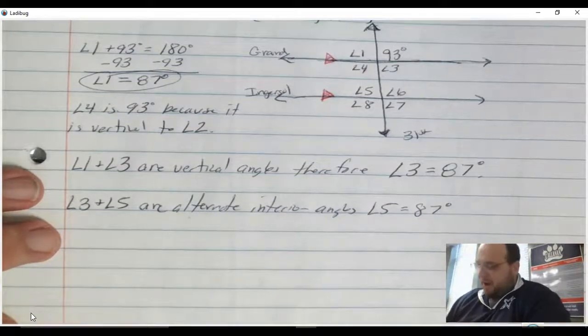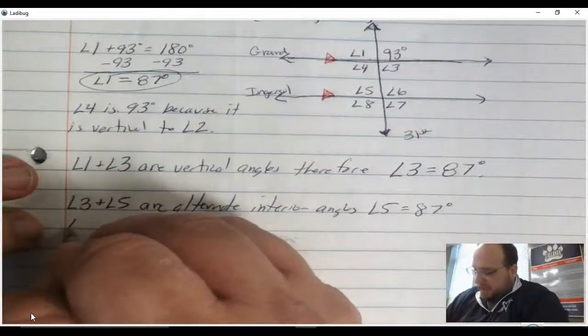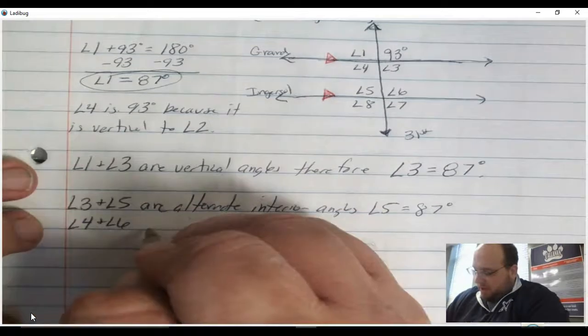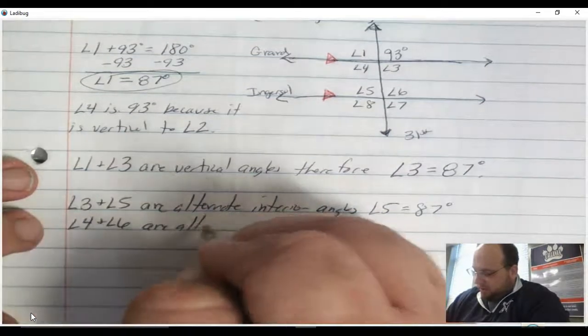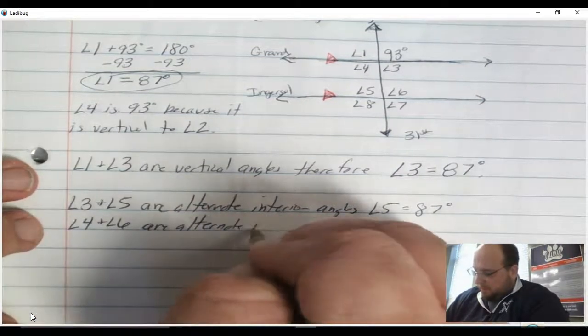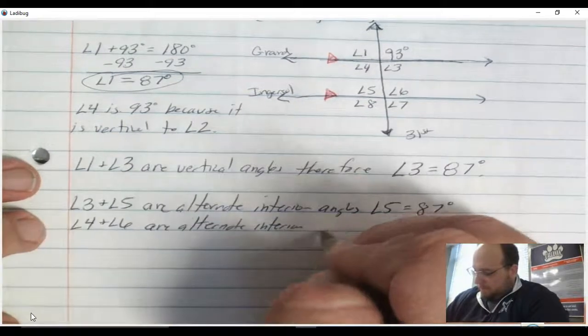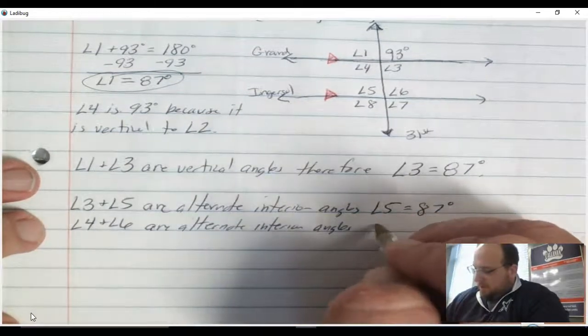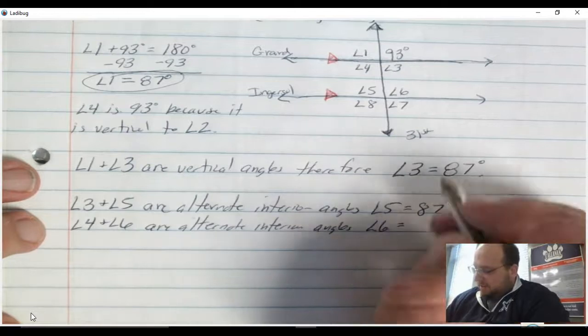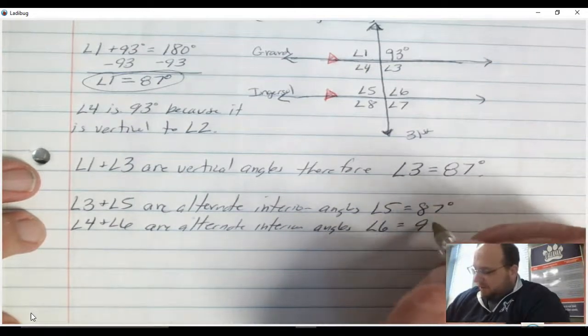There are a couple of ways I could find angle 6, but angle 4 and angle 6 are alternate interior angles, and therefore angle 6 is equal to 93 degrees.